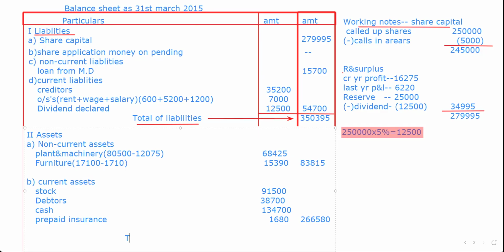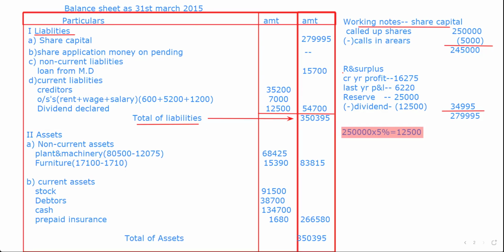So my total of assets I got is the same, 3,50,395. So this is how it is being tallied now.